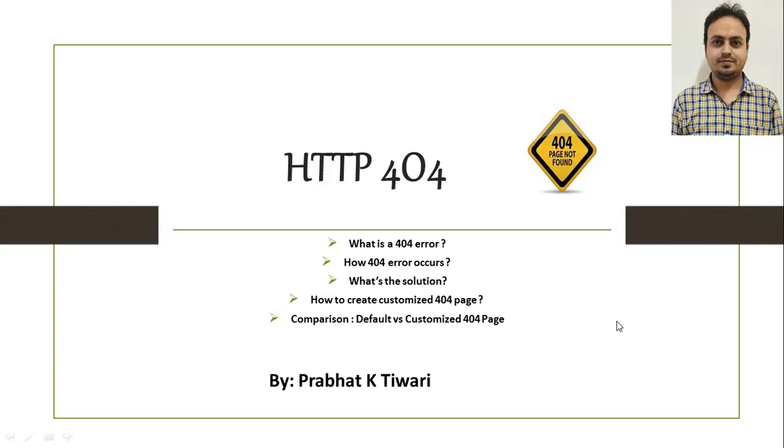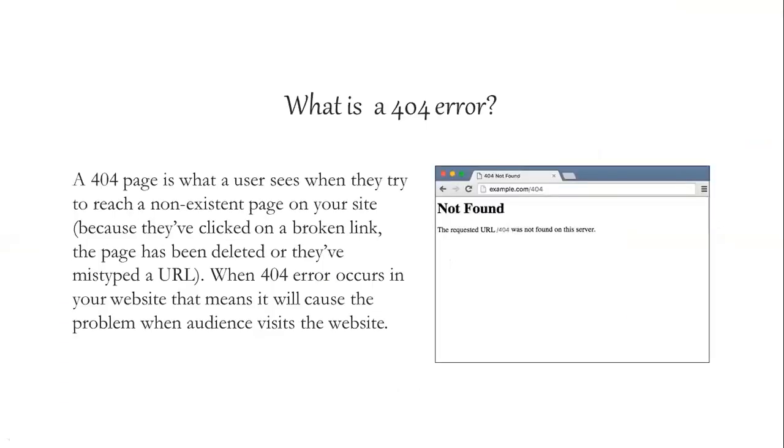Every time you try to access a link on the web or visit a site, you are actually telling a server that is located somewhere to send you a page. For example, when you go to amazon.com, you are telling the Amazon server that you want to see their homepage.